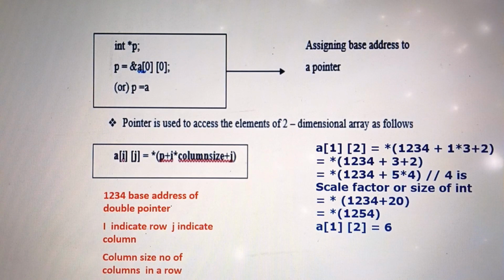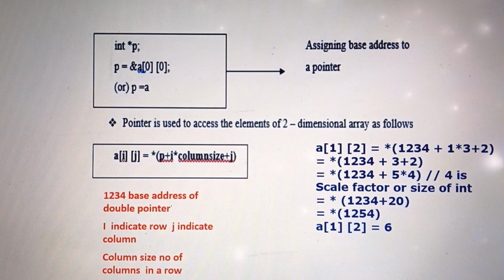So the row number 1 into 3 columns, 3, plus the column number 2. 3 plus 2, 5. Then multiply 5 with the number of bytes for integer, that is 4.